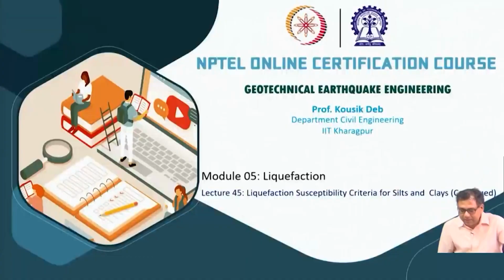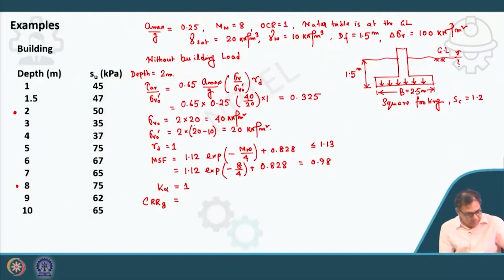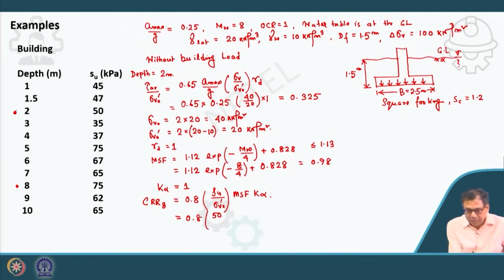So 0.8, Su at 2 meter is 50, sigma V bar is 20, then MSF is 0.98, K alpha is equal to 1, it is 1.96.